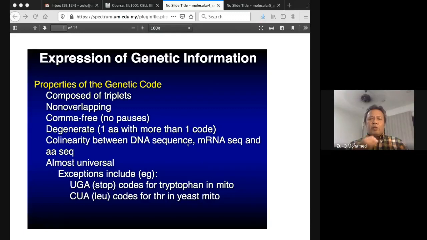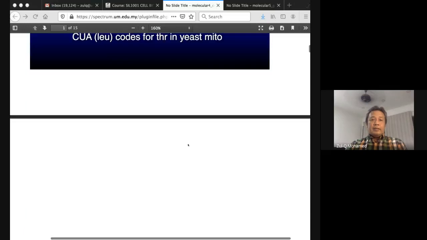There are small differences, especially when you look at mitochondria. In humans, for example, the mitochondria has 4 different stop codons, and UGA is not a stop codon in the mitochondria, right? But these are, again, very, very minor differences, but in general, the genetic code is universal, almost universal. This is what it means.